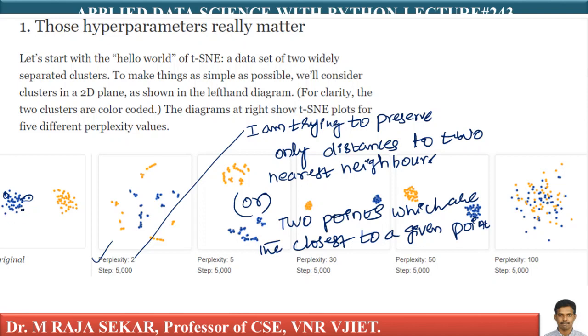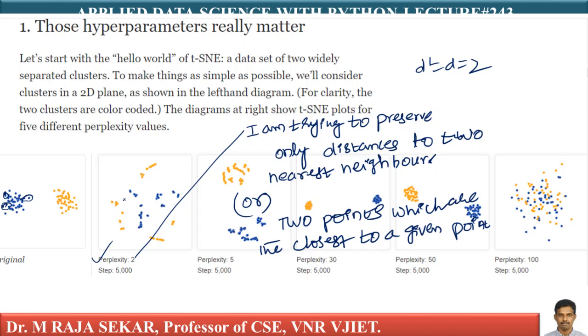If I take this particular point, this is one nearest, and this is another nearest. I will try to preserve this distance when I move from high dimension to low dimension. In this case, of course, d dash equals d, as I told you, to understand algorithm execution, we are making d and d dash equal, isn't it?